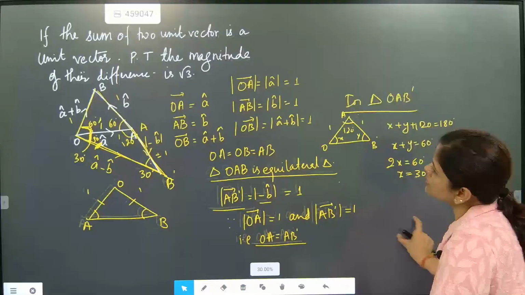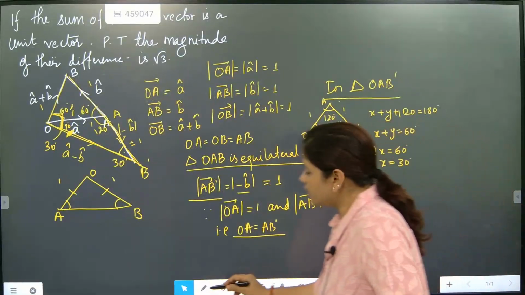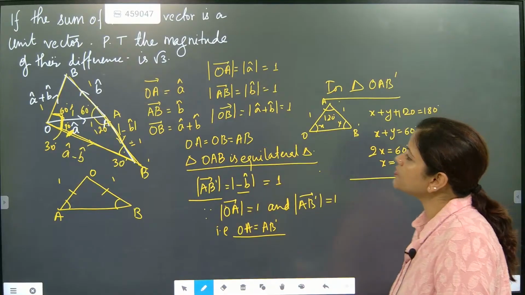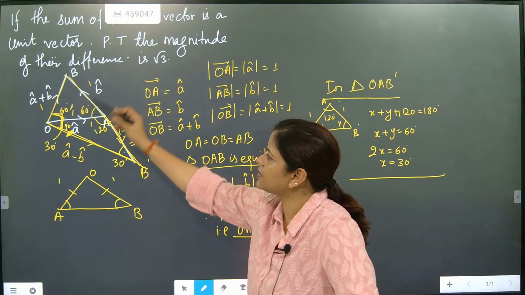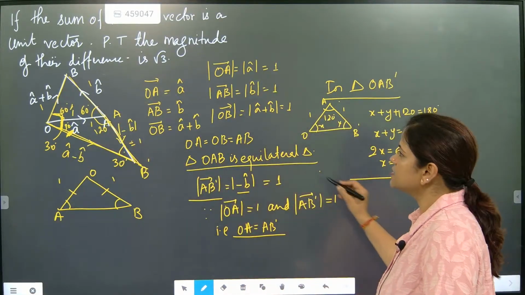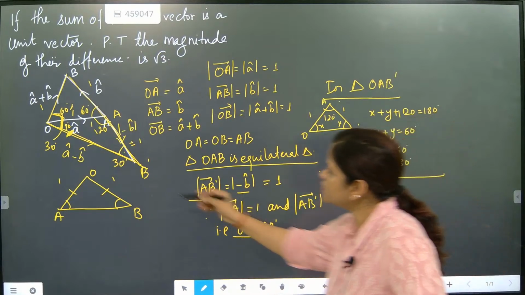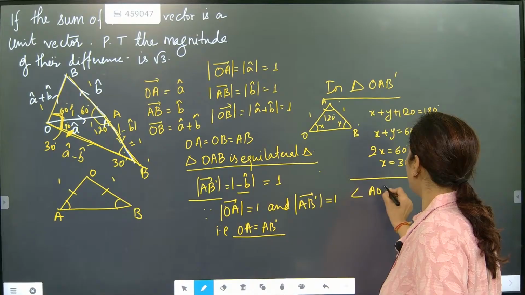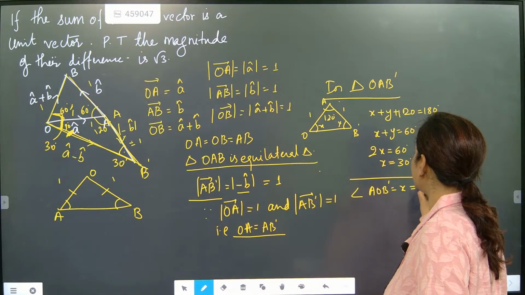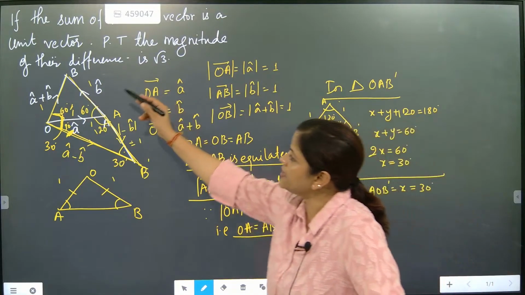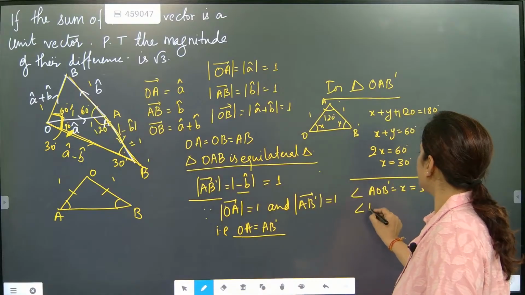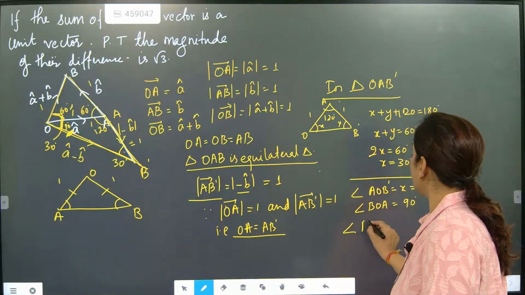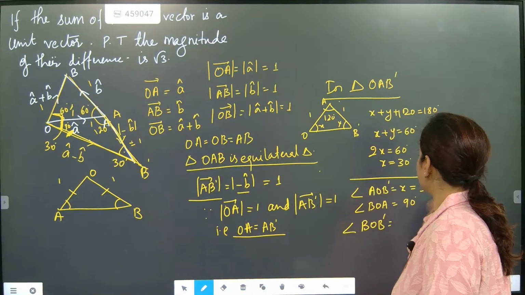How are we going to summarize this section? You take care of this part. So B, A, B dash. Since we know that angle X, this part we have taken as X, angle AOB dash is X, and X is 30 degree, and angle BOA is 60 degree.